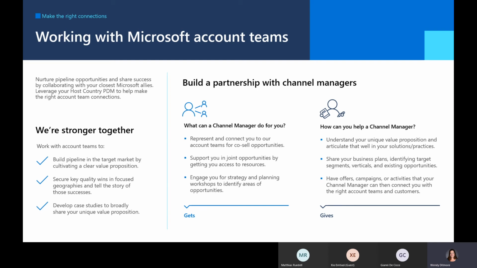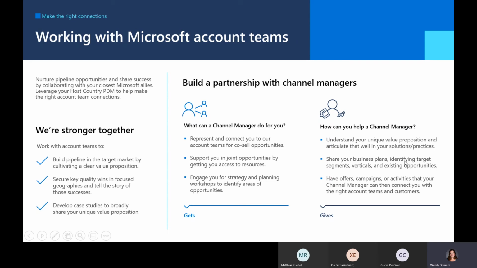Channel managers can help represent you and connect you to the right sellers for key critical co-sell opportunities. They also can support you in that joint co-sell motion with those strategic opportunities and give you access to key resources that can help you further that engagement with the customer. They can also help you think through your strategy and how to plan some opportunities, events, perhaps workshops, where you can then connect more with Microsoft sellers as well as with customers.